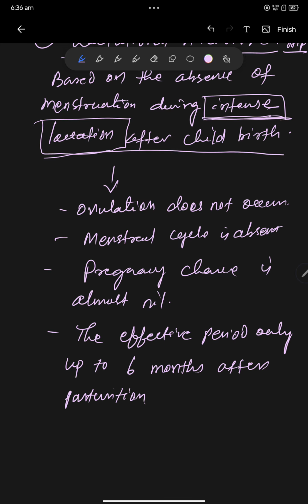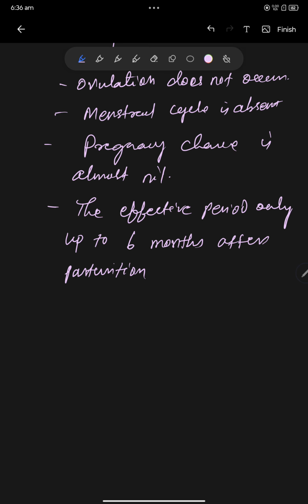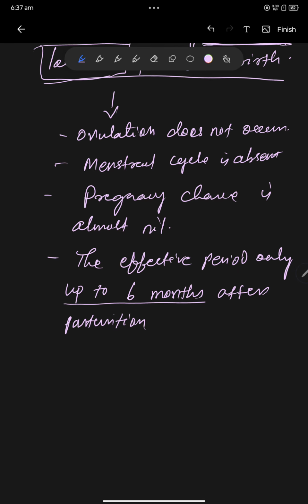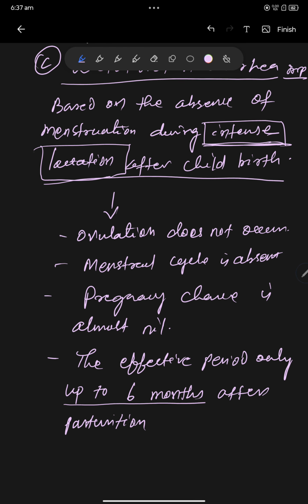A healthy mother can lactate intensely up to 6 months only, but it varies, because if the mother is not healthy, the intense lactation may stop after 1 month or 2 months. So the chance of failure of this contraception is there. These are the three natural methods.